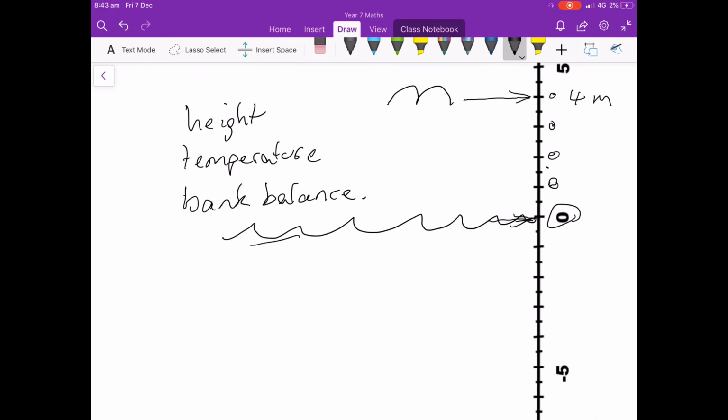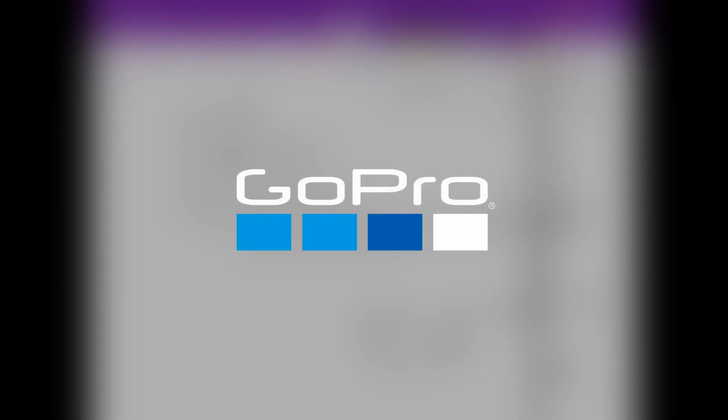Below the sea level, we might have maybe a fish. Oh, it's an ugly fish, but he's happy. Okay, and he would also be approximately swimming at this dash here, which would be 1, 2, -3 meters. So yeah, we're using below sea levels in negative and above sea levels in a positive number. Okay, think about where else we might use positive and negative numbers on a number line.